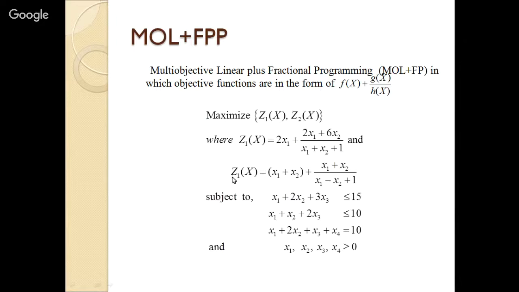We have another objective function, z2. By error it has been written z1; it is z2, the second objective function, in a different format. And there is a set of constraints. The first constraint is of less than sign, the second is also less than sign, and the third is of equal to sign.